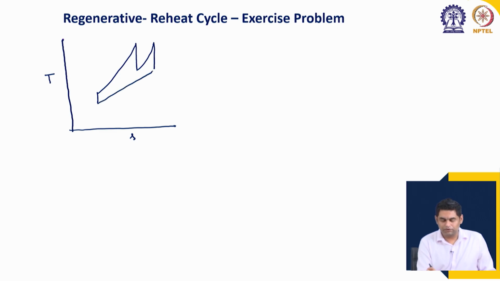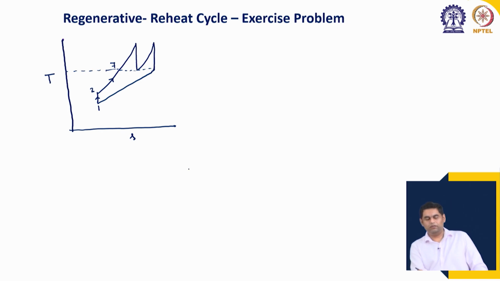So, these are all the processes going from 1 to 2 compression, then 2 to 7 is the regeneration on the air side, then 7 to 3 is the first conversion process, okay.